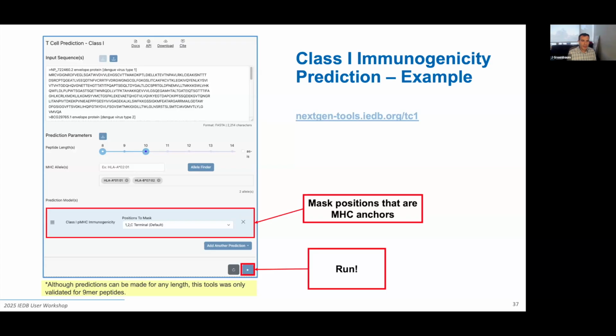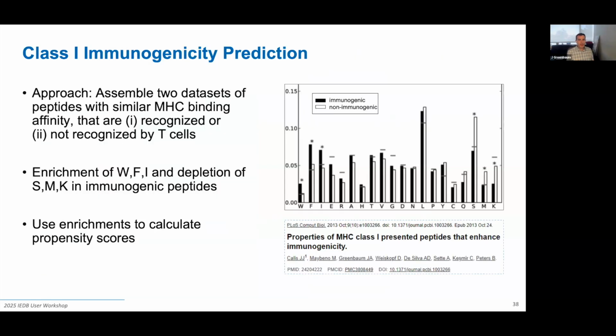When we run this tool, so this tool was trained on a data set of human and mouse peptides where a fraction of those peptides were immunogenic and another fraction was non-immunogenic. And in that study, we simply looked at the enrichment or depletion of all of the amino acids in both of the fractions.